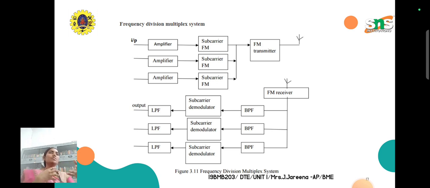If it is a digital signal, you have different time slots. You have some time frame, and you have different time slots for the different channels. For example, if the first slot is for heart rate, then the second slot will be for BP, and the third slot will be for pulse rate.